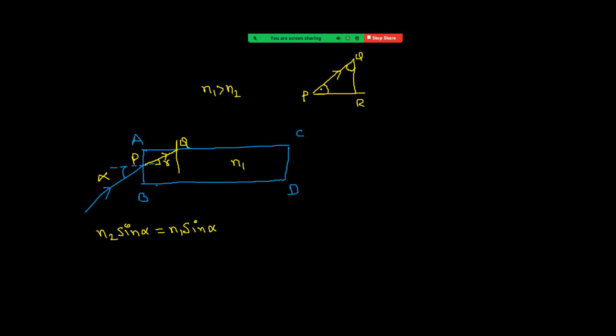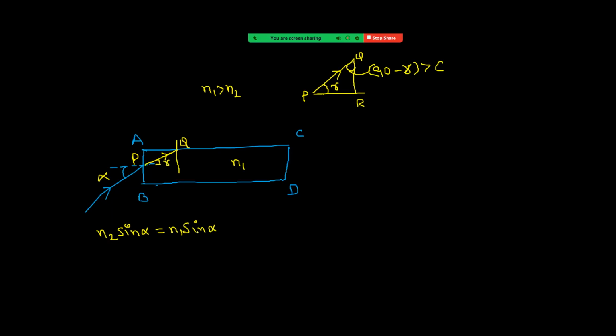This remaining angle is now 90 minus R. If this angle is greater than C, then reflection takes place completely at face AC, right?